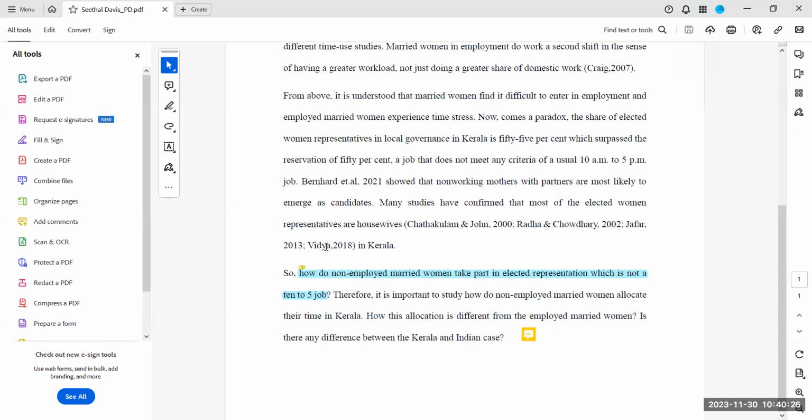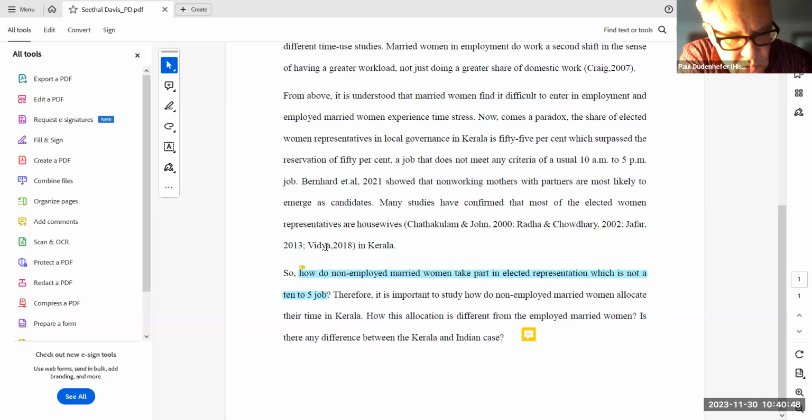You are allocating time to your political activities, personal activities, or you are allocating time according to the needs. But the thing is that women may experience more time stress, or maybe they are doing more than one activity at a given time. Okay.